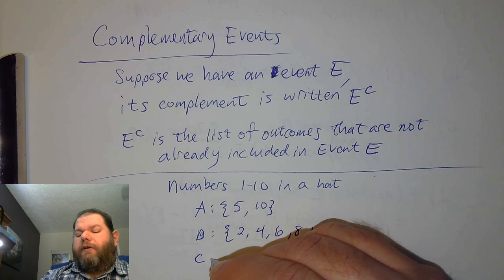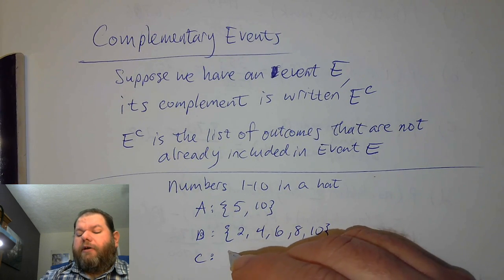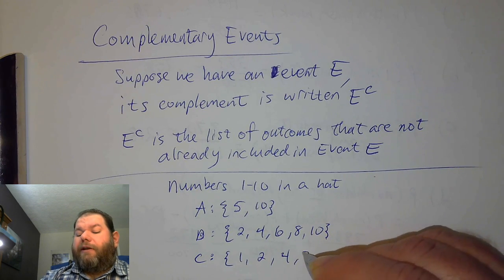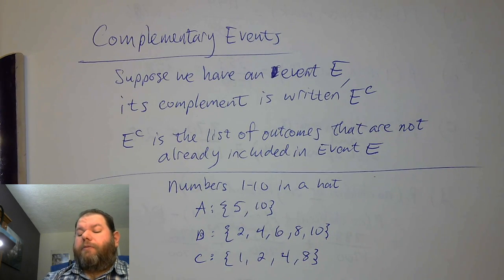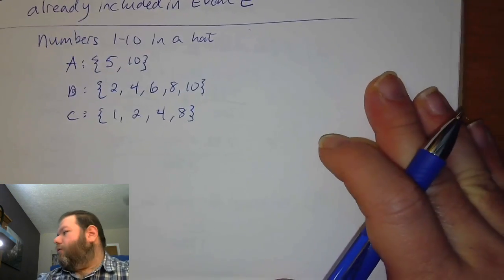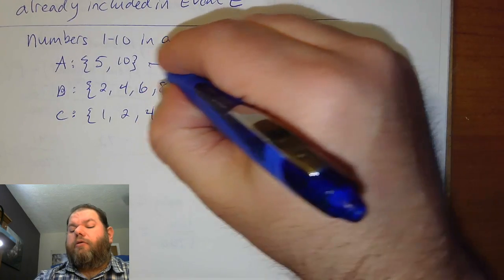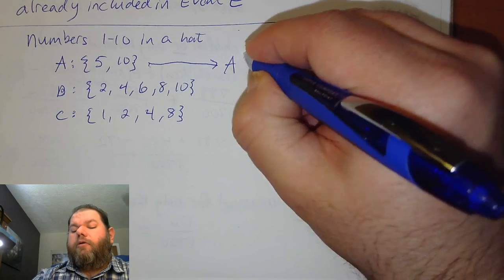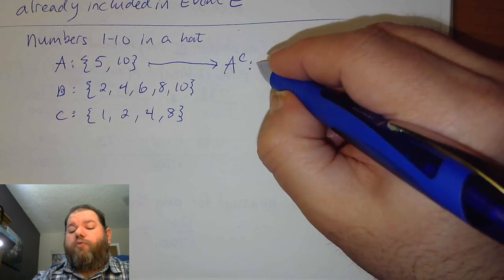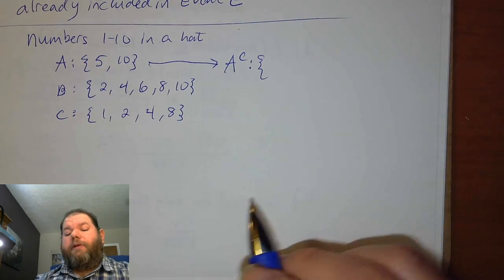In event C, we had the powers of 2, which is 1, 2, 4, and 8. What is A complement? Which outcomes would be included in A complement?